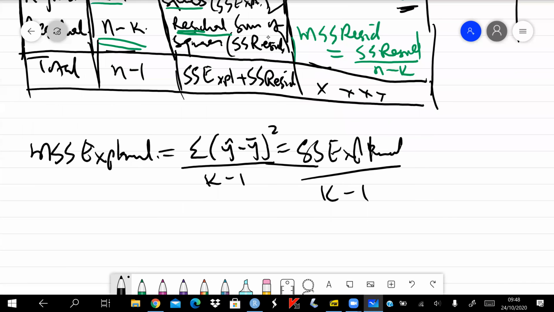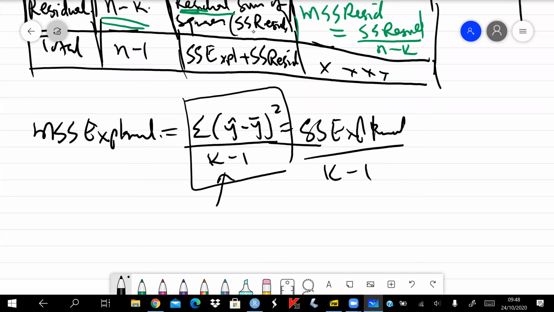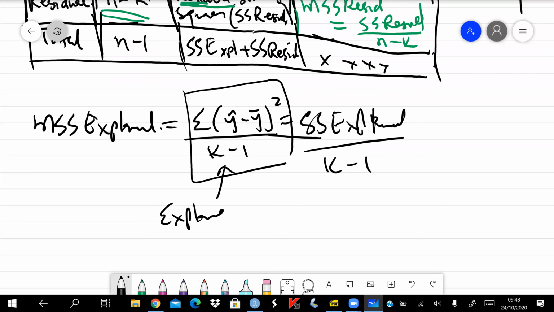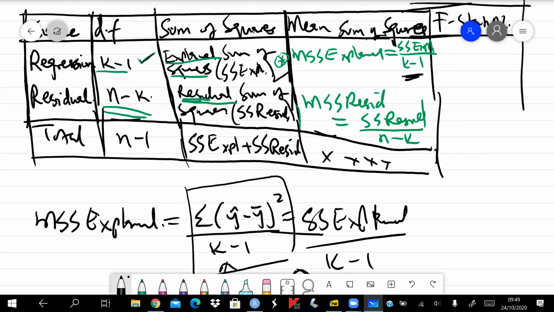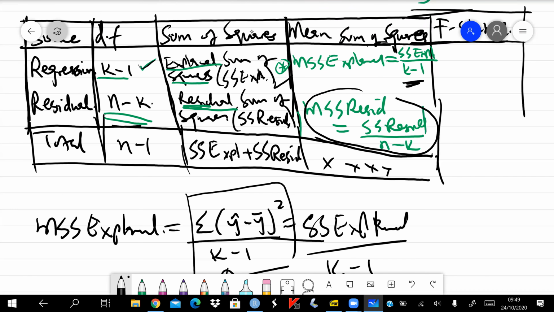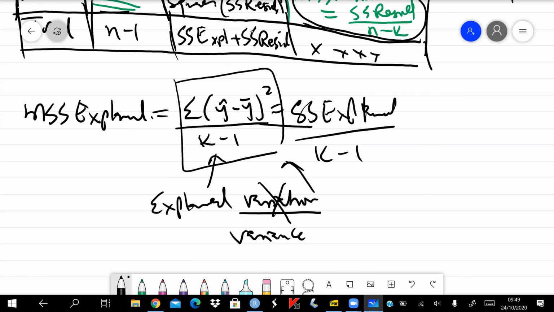You'll notice that this is some type of variance. This is the explained variation, the variation in y that is explained by the model. And this other term is also a type of variance. As you can see, these are formulas for variance. Basically, we know that the variance of x is given by the summation of x minus x bar squared over n minus 1.